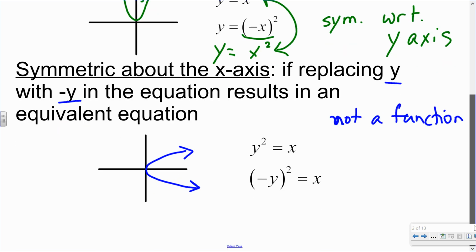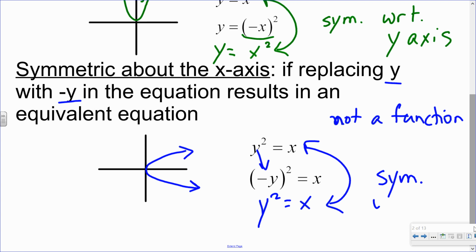To do the algebraic test, instead of y times y, we use minus y times minus y. Then we simplify and see if we get back where we started. So minus y times minus y is, come on guys, what is it? Minus y times minus y is y squared, which is the same as where we started. So yes, it is symmetric with respect to, since we changed the y's, the x-axis.